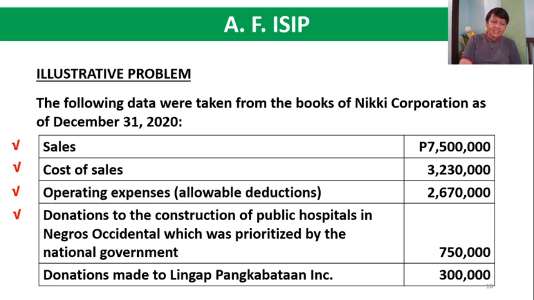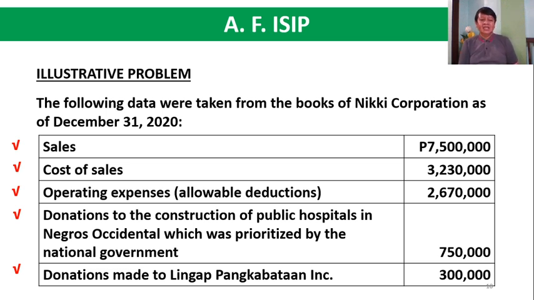So next, you also make another donation. Donations made to Lingap Pangkabataan Incorporated. Lingap Pangkabataan is a non-stock, non-profit corporation. So, you make a donation to them. The amount of donation is 300,000 pesos. The question is, is Lingap Pangkabataan accredited by the Bureau of Internal Revenue? Because if Lingap Pangkabataan Incorporated is accredited, the whole amount of 300,000 pesos shall be considered as allowable deductions.